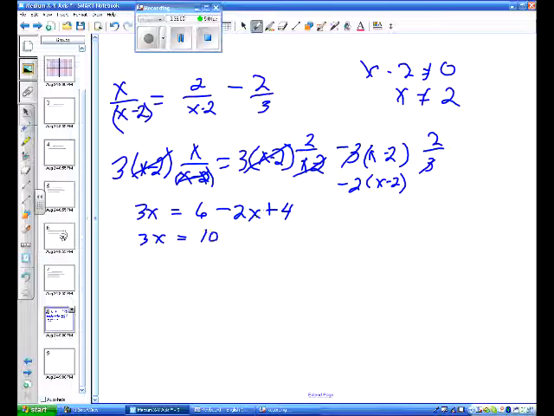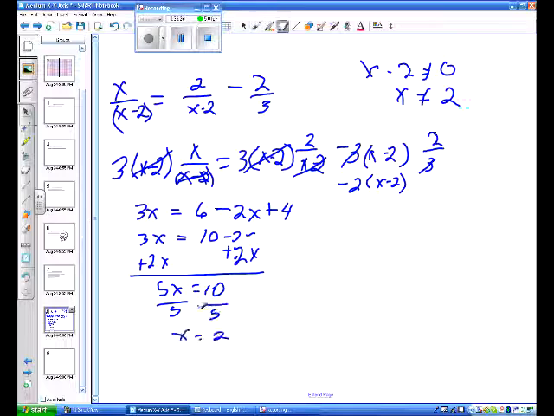Okay, our like terms, we've got 10 minus 2x. Then we need to add 2x to both sides. So we have 5x equals 10. And then dividing both sides by 5, x equals 2.